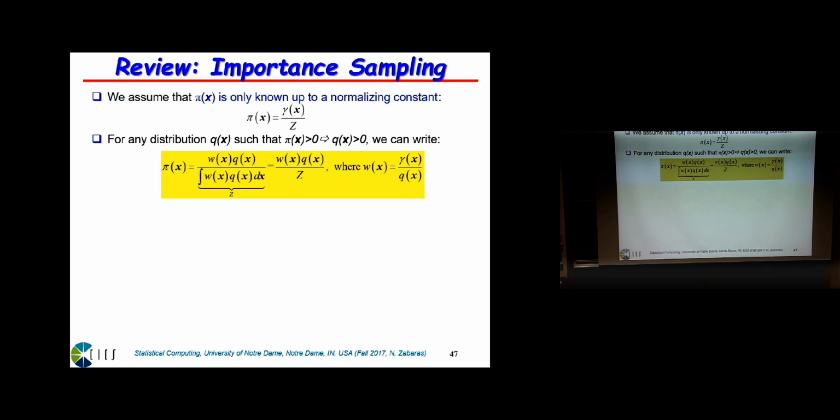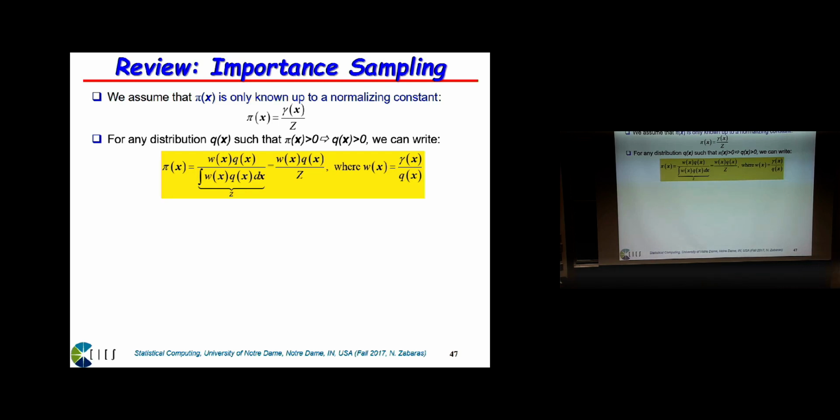And we have shown that pi of x is w times q divided by this integral. Actually, because I know you forgot about it, plug this inside this and convince yourself that it's correct, right? Put in for w gamma over q. What do you get on the numerator? You get gamma. And what do you get on the denominator? You get the integral of gamma, which is the normalization factor.